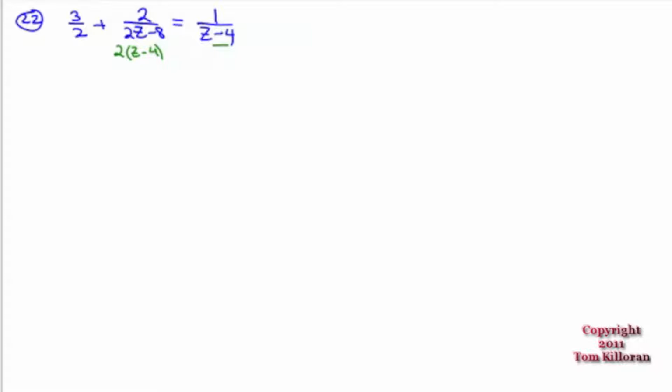Common denominator for the whole equation? 2 times the quantity z minus 4. This one has a factor of 2, so the common denominator is going to have a 2 in it because he's missing it.